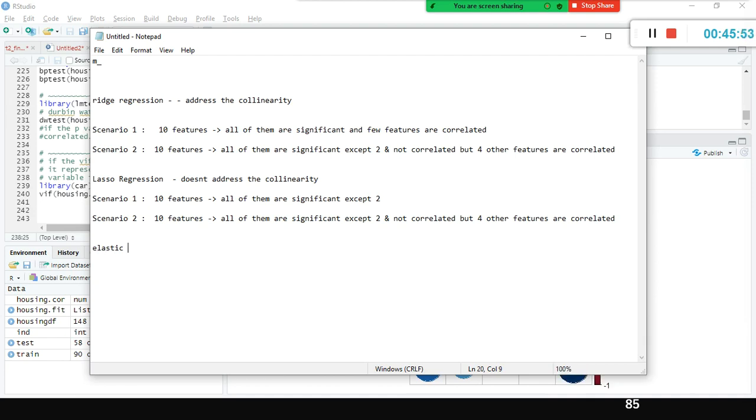That is elastic net, an algorithm. Very simple, very easy to remember.